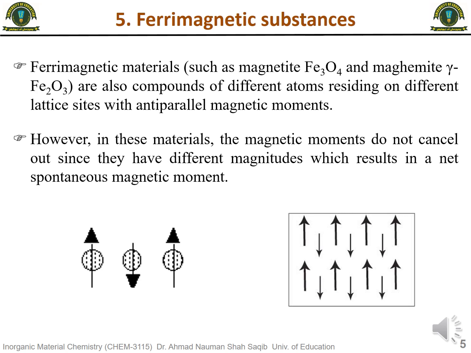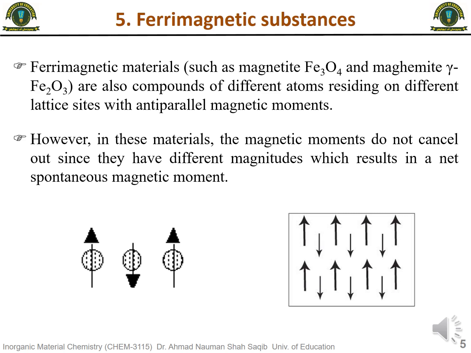Though they will be in opposite directions and will cancel out each other's effect, they cannot completely cancel out each other's effect because their magnitudes of magnetic moment are different. So in these materials the magnetic moments do not cancel out since they have different magnitudes, which results in a net spontaneous magnetic moment.